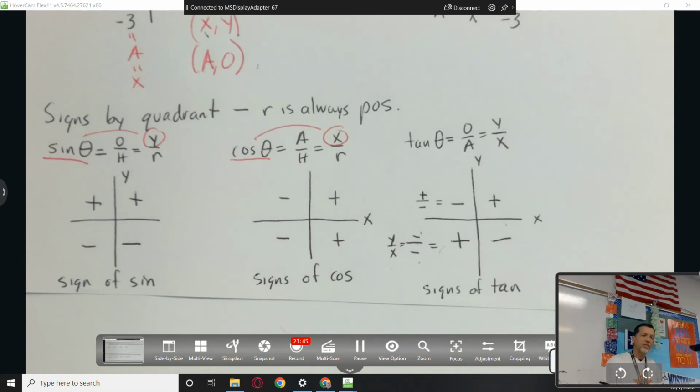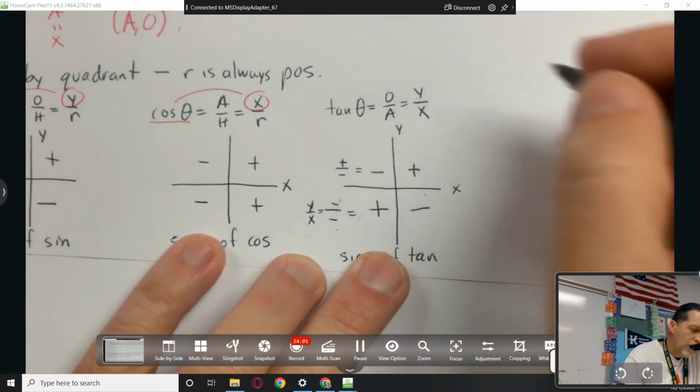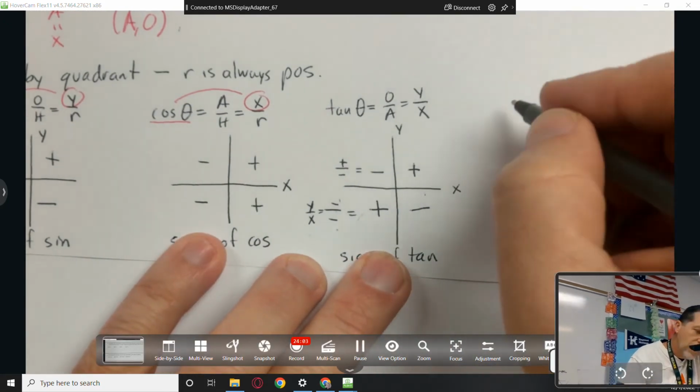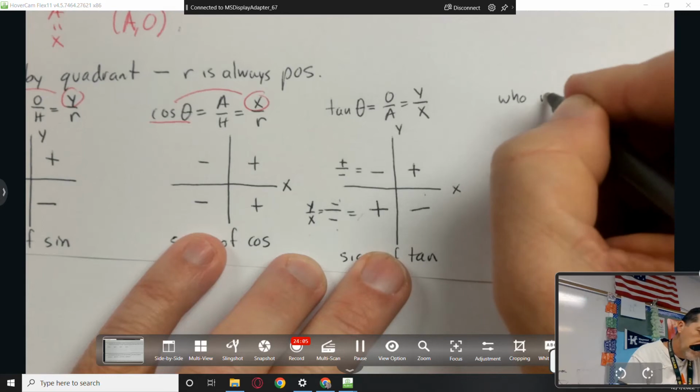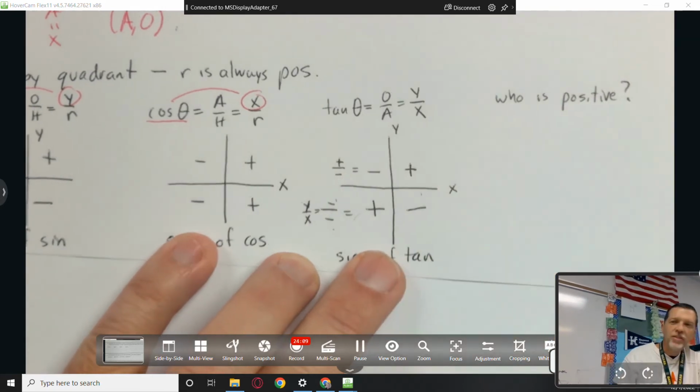Okay, here's another shortcut that some people use, some people don't. Some people, it's easy enough for them to think, well, sine goes with y, so if it's up, it's positive. Cosine goes with x, so if it's right, it's positive. And that's fine, and tangent, you've got to think about the ratio. But there is this little shortcut thing. And the shortcut tells you who is positive in which quadrant.